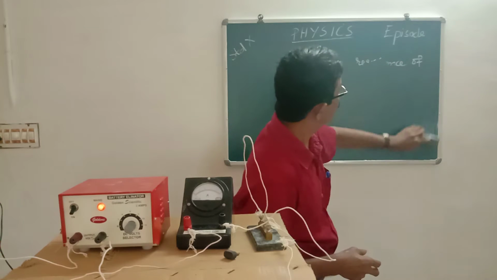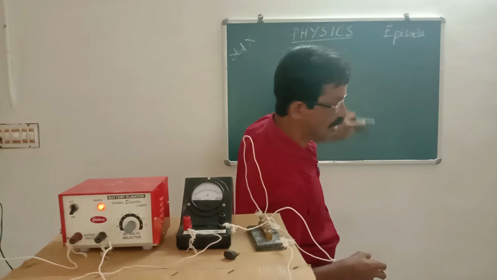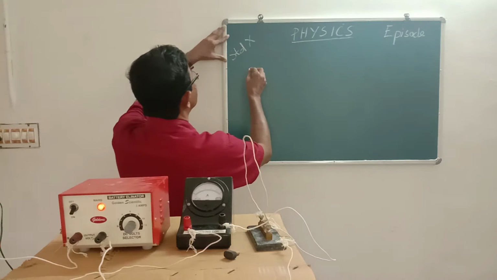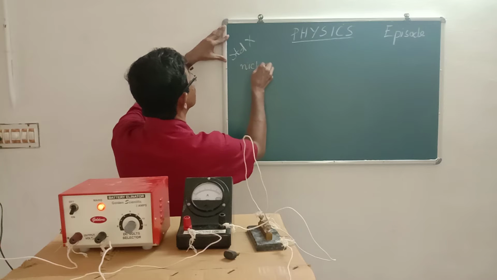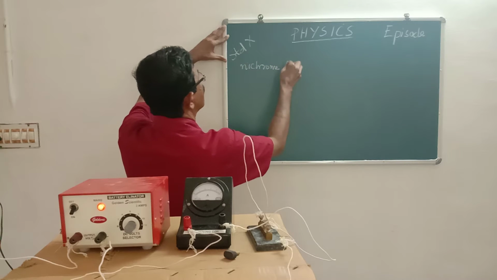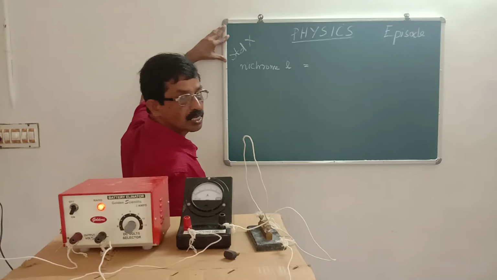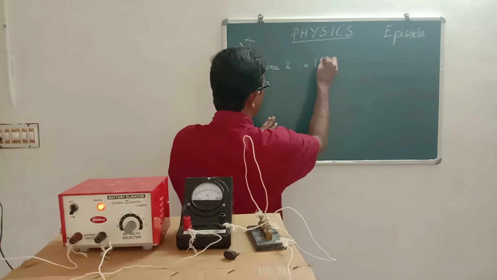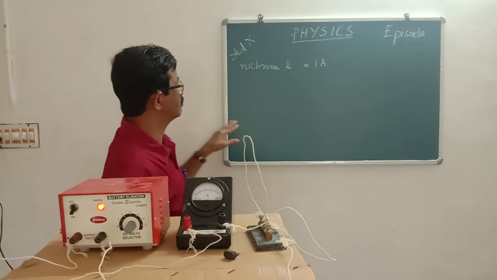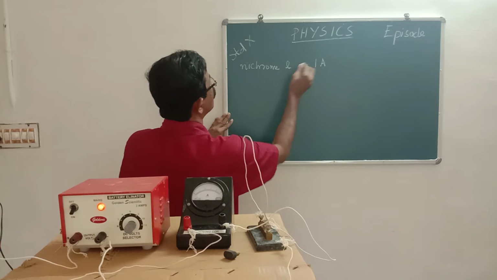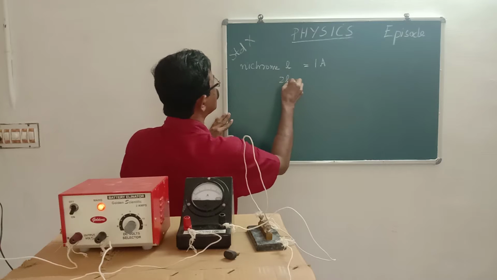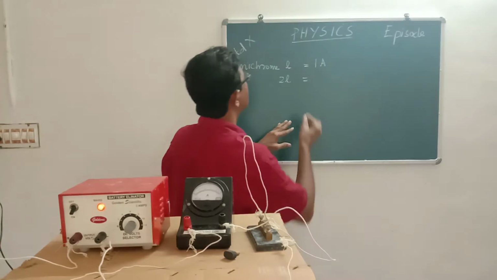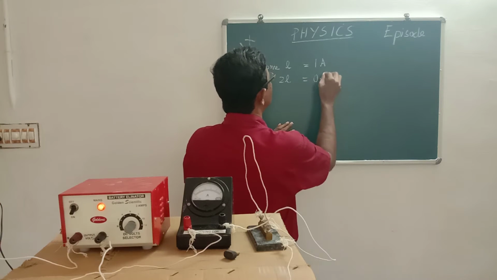See, at first, when the nichrome wire's length is L, how much was the current through it? 1 ampere. When the length of the nichrome wire is doubled, that means 2L, the current I showed was 0.5 ampere.